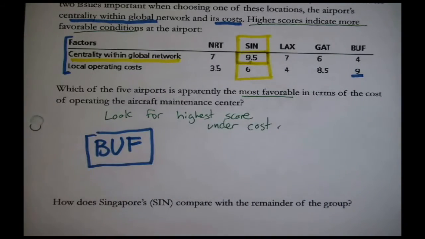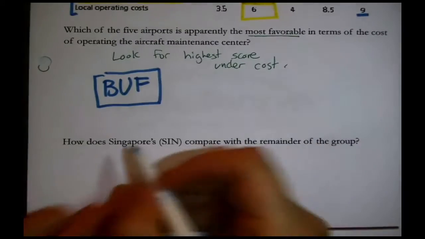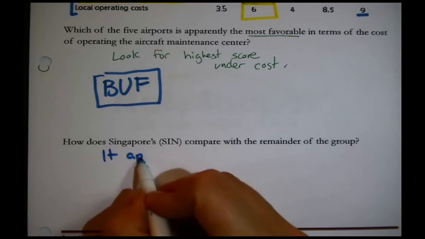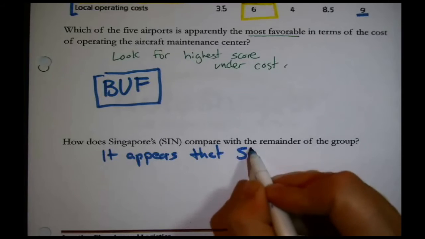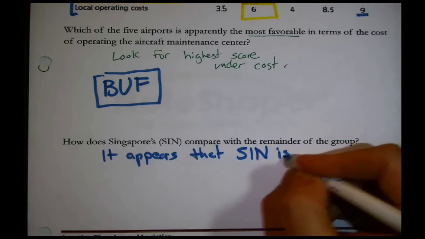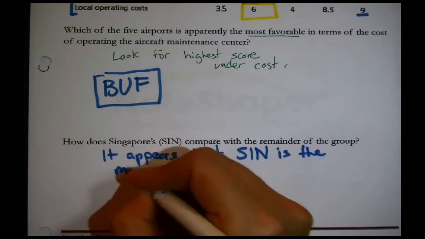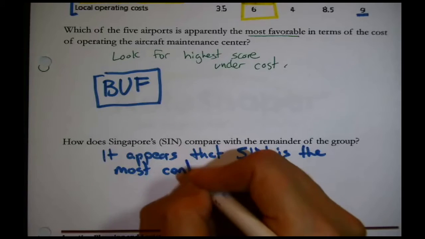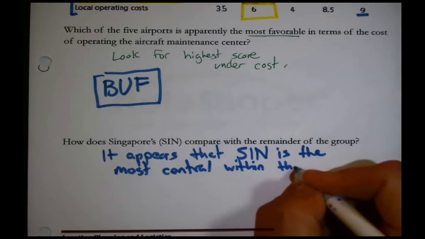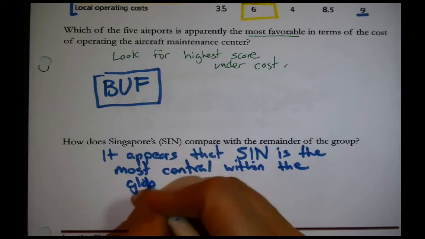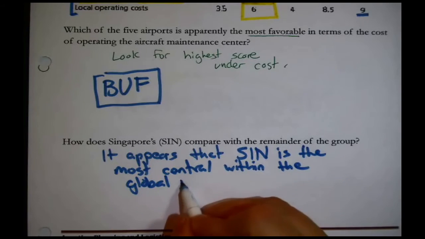So I can put words to that. It appears that SIN is the most central within the global network, so that would be a good place for a maintenance base.